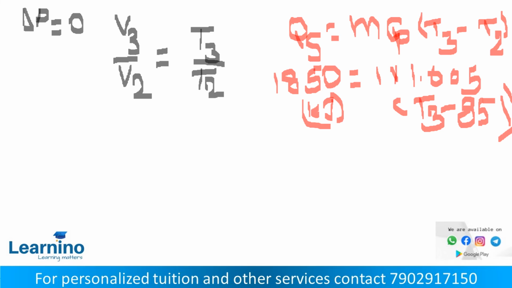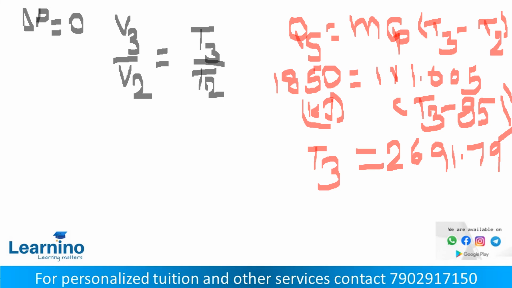So 1850 divided by 1.005 equal to 1840.79 plus 851 is equal to T3. So T3 value is 2691.79 Kelvin.